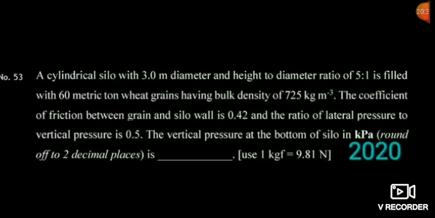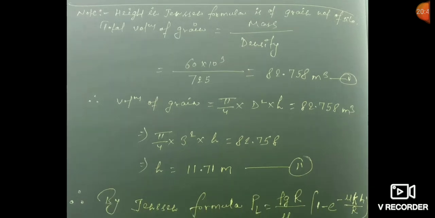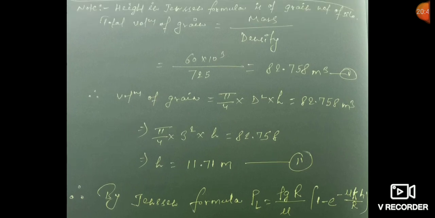The diameter of bin is given, that is 3 meter, and you can apply the formula pi by 4 into d square into h, equate this with the volume 82.758 and you can get the height, that is 11.71 meter.